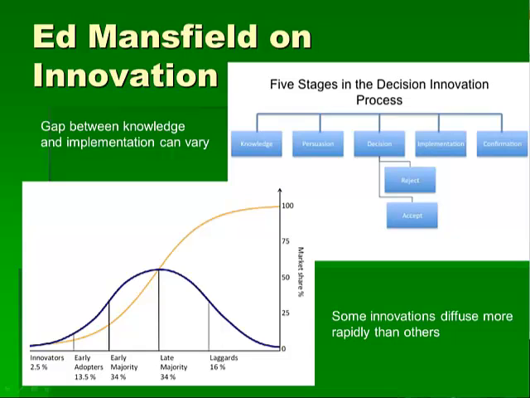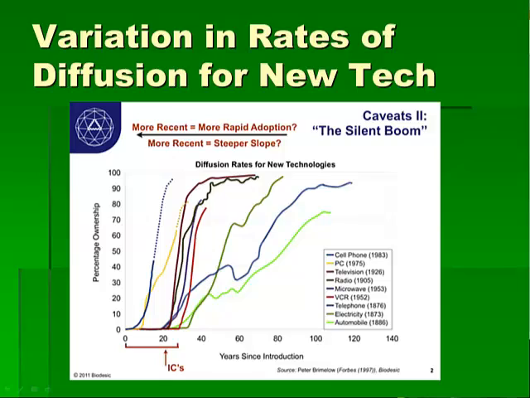Some innovations diffuse more rapidly than others. A great example of a rapidly diffusing technology is television. Somewhat slower was the diffusion of electricity. Here's a graph that shows, if you start with 0 being the date of introduction of the new technology, that cell phones are the most rapid in being taken up, followed by PCs, VCRs, and televisions.